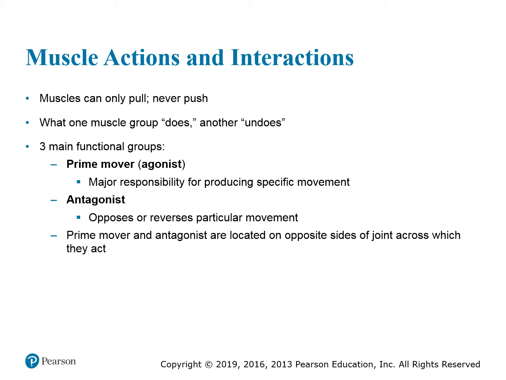What one muscle group does, another group undoes. So for example, if you think about your biceps muscle in your upper arm and your triceps muscle, if I'm standing in anatomical position, my biceps muscle is anterior and triceps is posterior. When the biceps muscle contracts to pull my forearm and my hand towards my shoulder, the triceps muscle, which is opposite, lengthens.